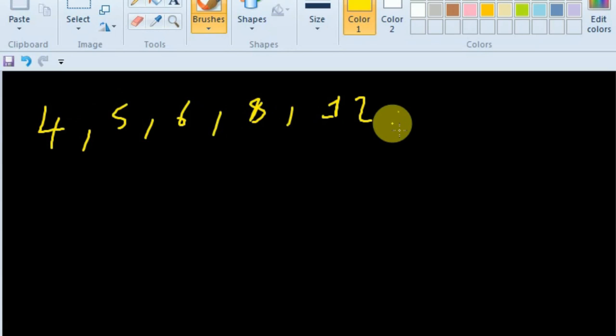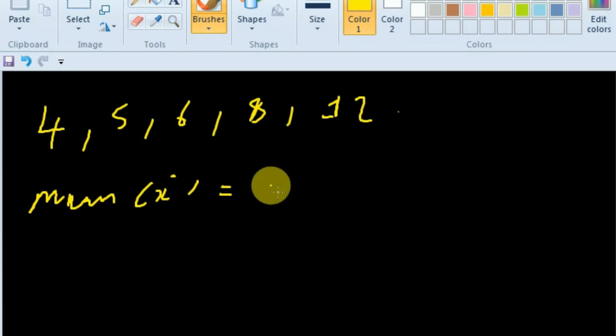So the first thing that you need to find there is the mean. So the mean for ungrouped data, we know is equal to the summation of x divided by the number of scores. And from this information, to find the summation of x, we are going to add all the numbers that we have been given.